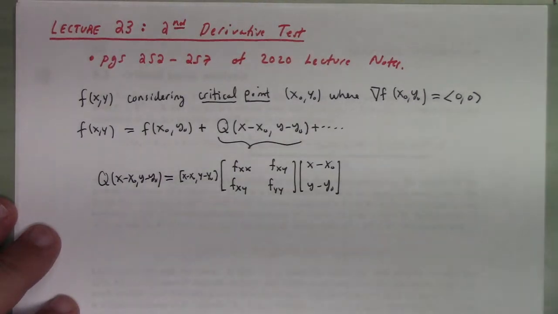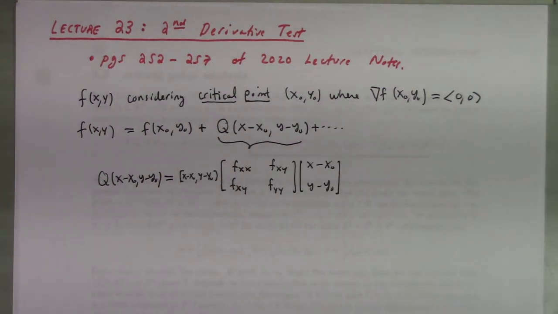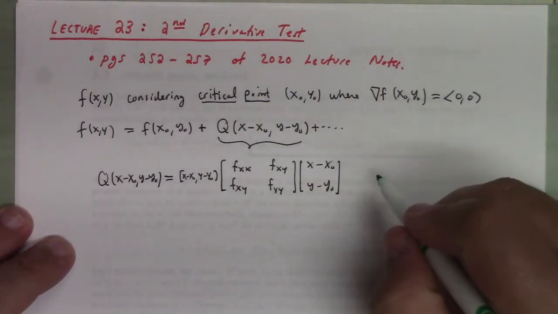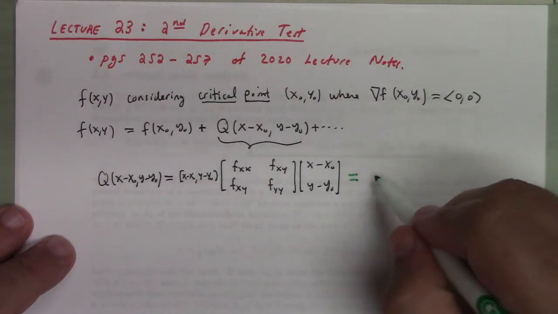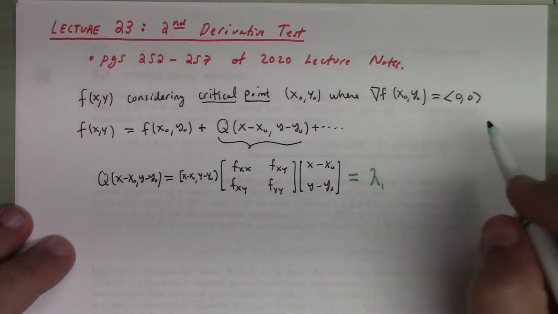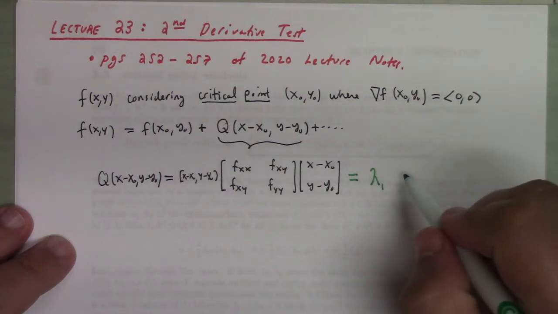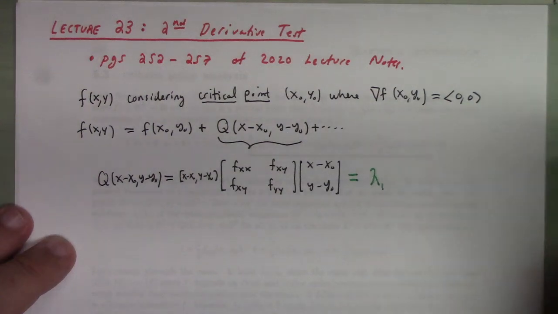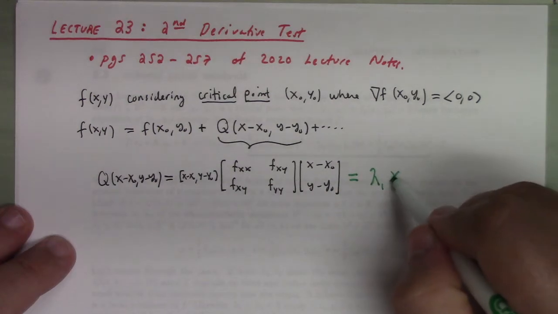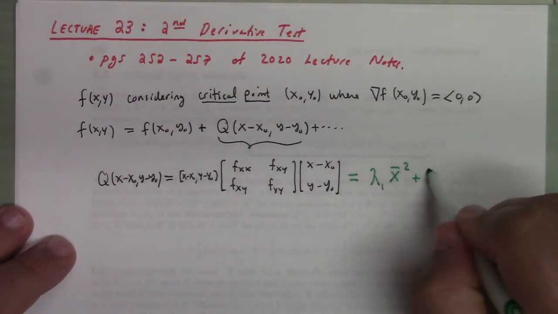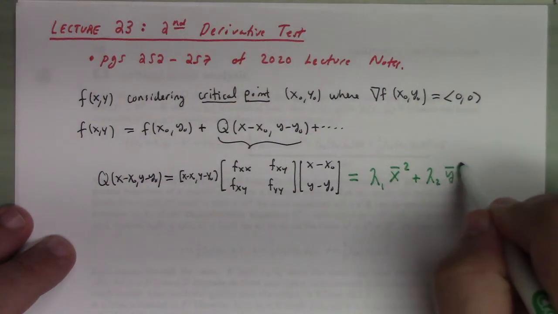Anyway, long story short, what the linear algebra tells us here is that since this is a symmetric matrix, there exist something called eigen coordinates, so you can rewrite this thing essentially as lambda 1 times x bar squared plus lambda 2 y bar squared, right?